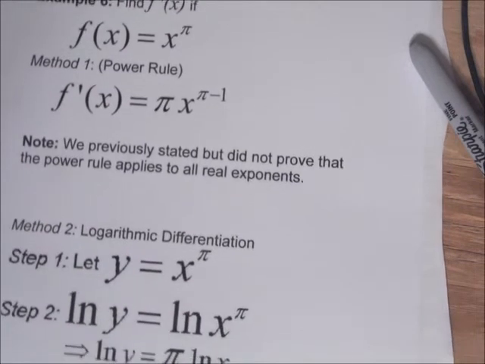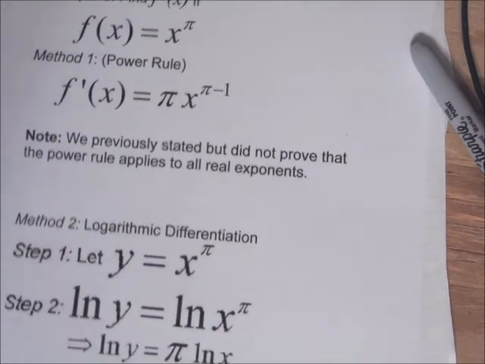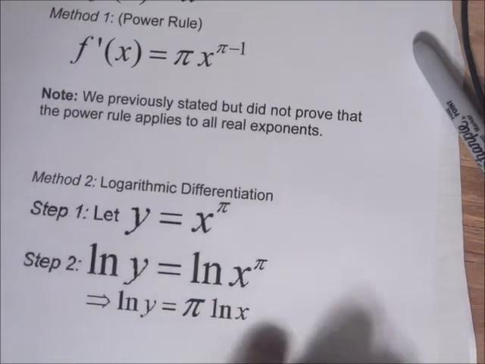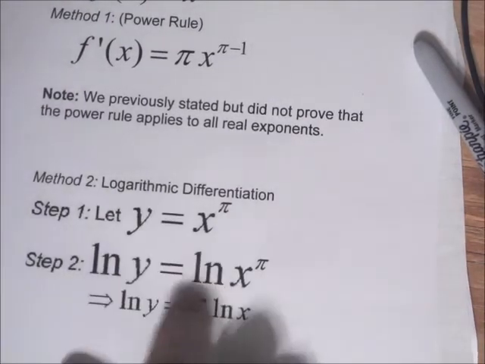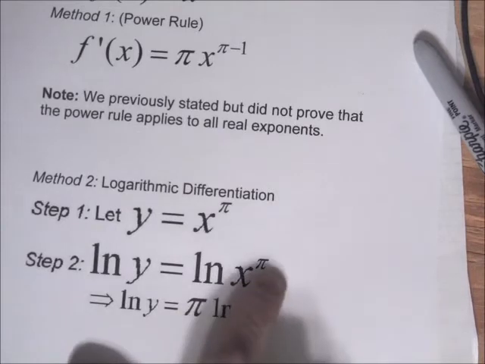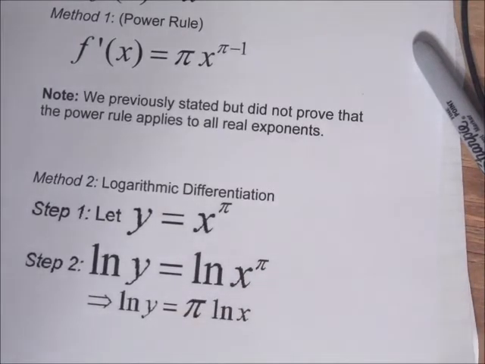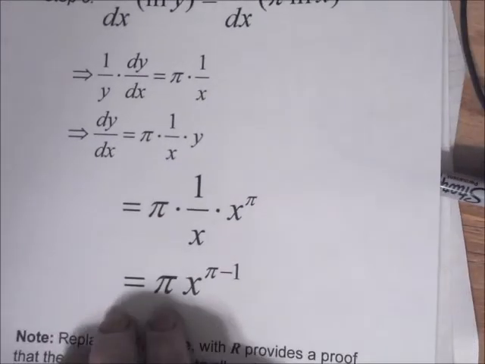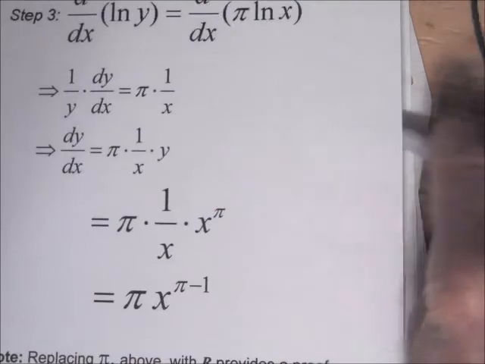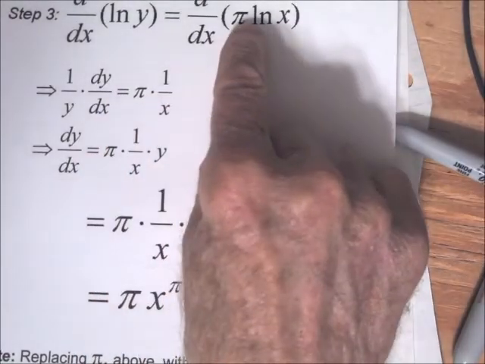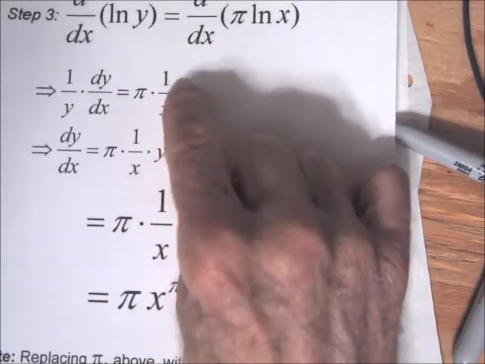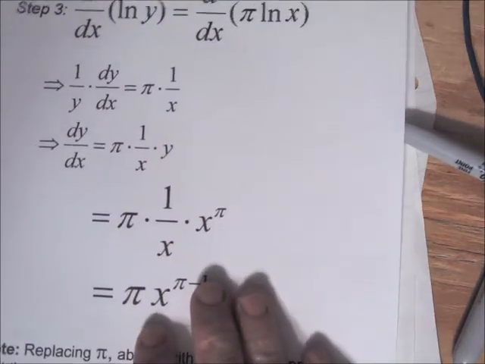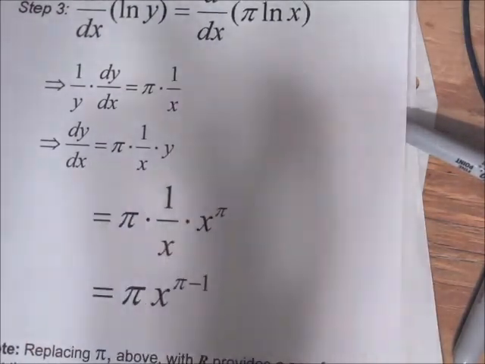But we could use the procedure that we just used on that last problem with logarithmic differentiation. Take the log of both sides. The exponent comes out in front, and then take the derivative of both sides, and you get 1 over y dy/dx equals, this is just a constant, so this will be just pi times 1 over x, and multiply both sides by y.